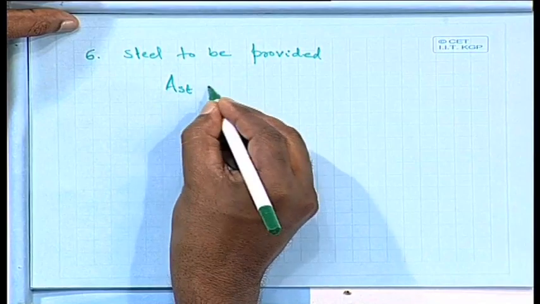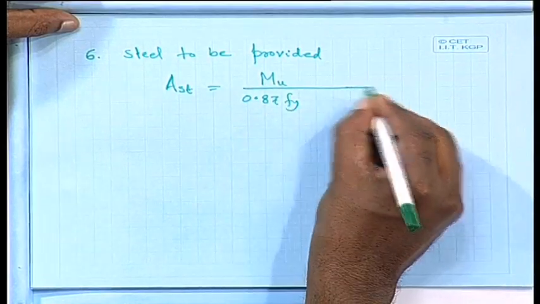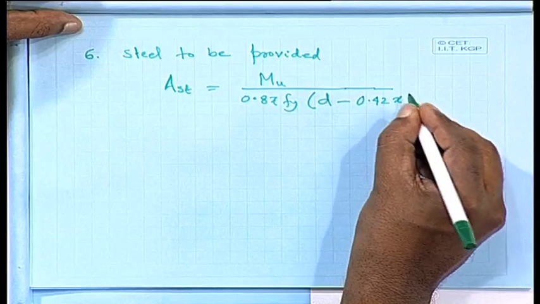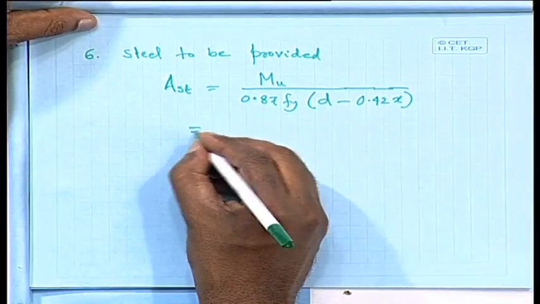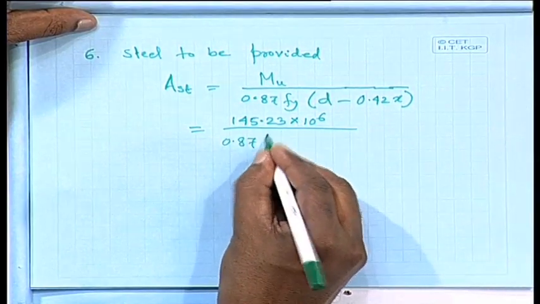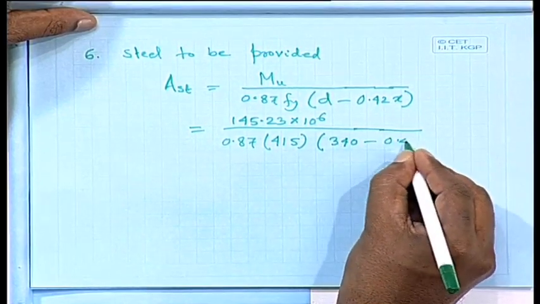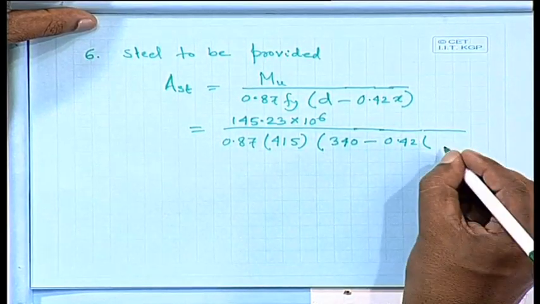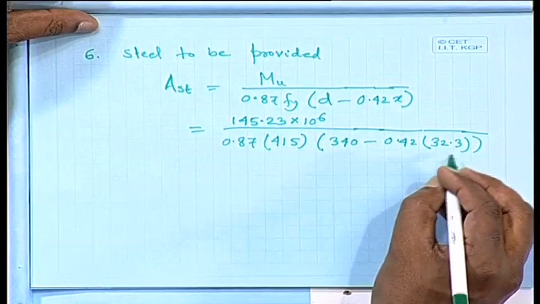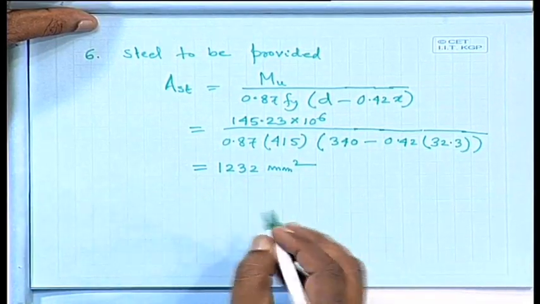Area of steel equals Mu divided by 0.87 fy, the stress in steel, times (d minus 0.42 xu or x), that is the lever arm, which comes as 145.23 into 10 to the power 6 divided by 0.87 times 415, that Fe 415 steel, times (340 minus 0.42 times 32.3, that is the neutral axis depth), which comes as 1232 square millimeter.